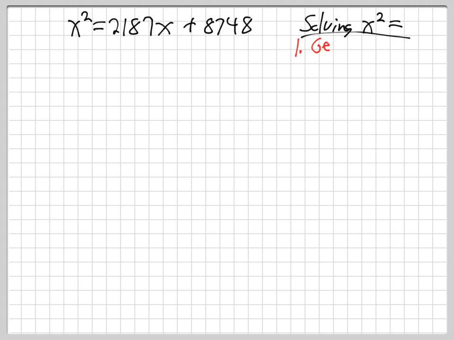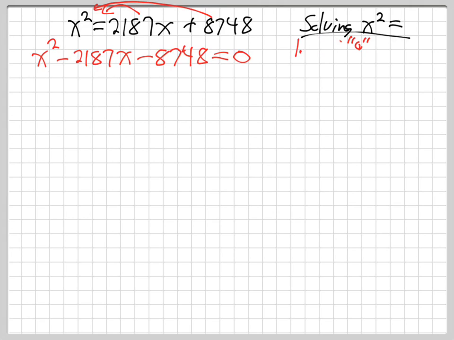Step 1, get a 0. So let's jump this guy and this guy to the other side. So we get x squared minus 2187x minus 8748 equals 0. So step 1 is to get a 0 on one side.